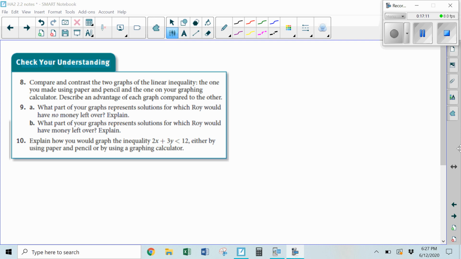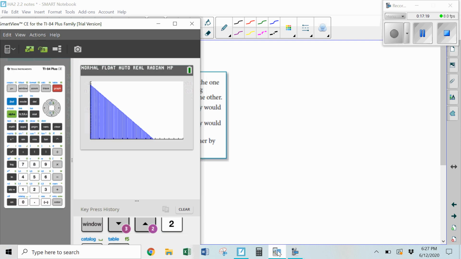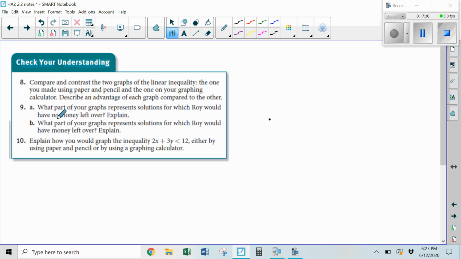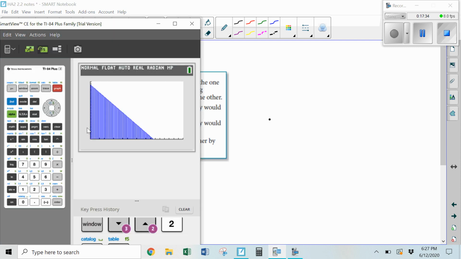Number 9, what part of your graph represents the solution for which Roy would have no money left over? That would be the boundary line. He's using the maximum amount, those numbers on the boundary line here. What parts of the graph represent solutions for which Roy has money left over? That would be anything in the shaded region.